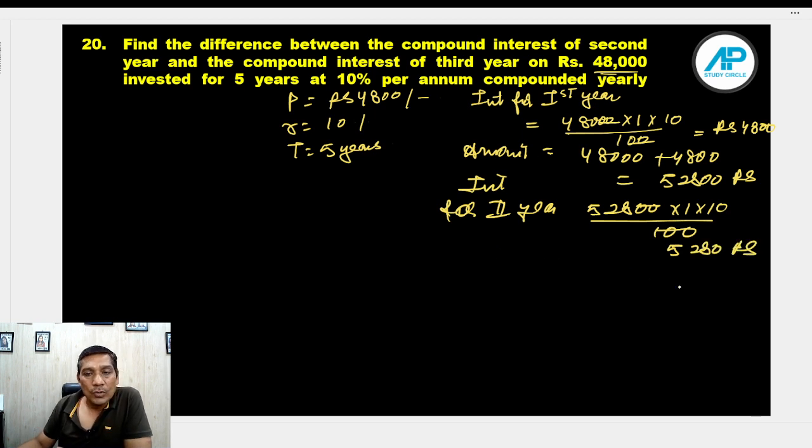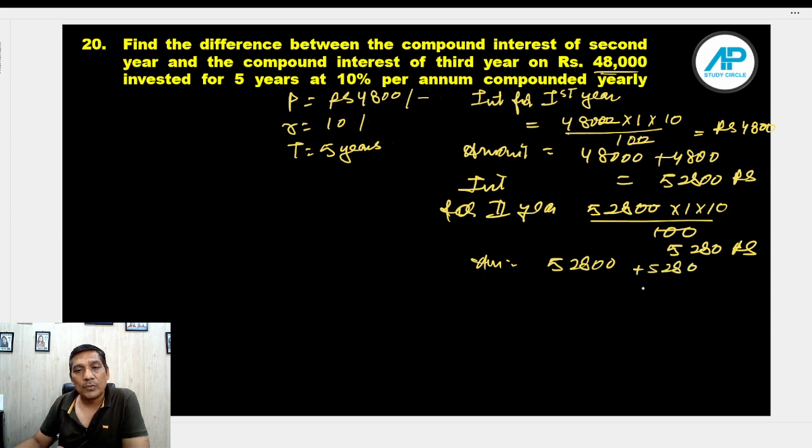I got to go till 3 years, so I find the amount again here. 52800 plus 5280. This gives me 58080 rupees. And now I come on to the third year.